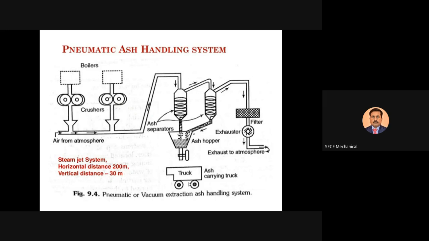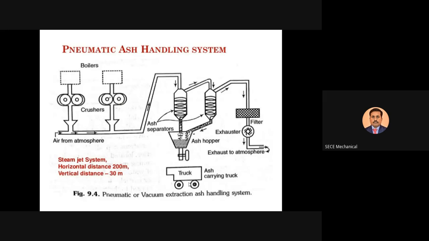If a bigger particle is present, it again goes to the second hopper. There are 2 hoppers. Normally big size ash particles come out from your ash separator and small minute particles go to the filter area. Again the dust is removed from this exhaust filter, and the gases go to the atmosphere.